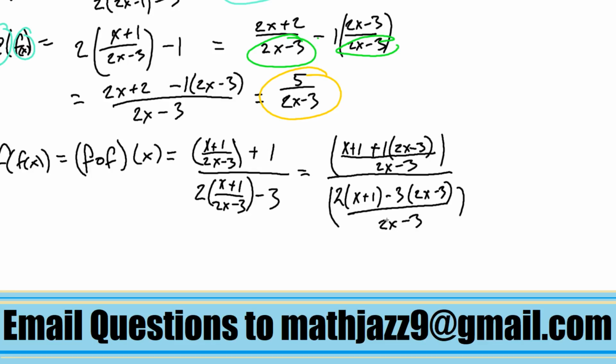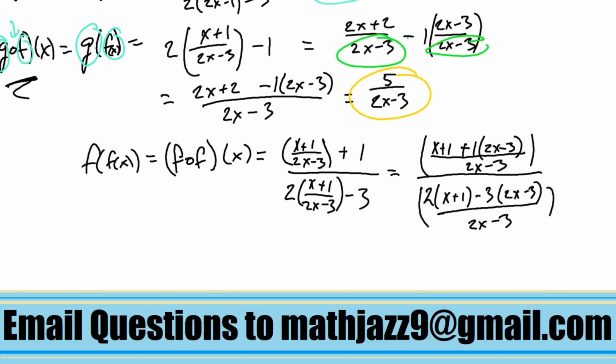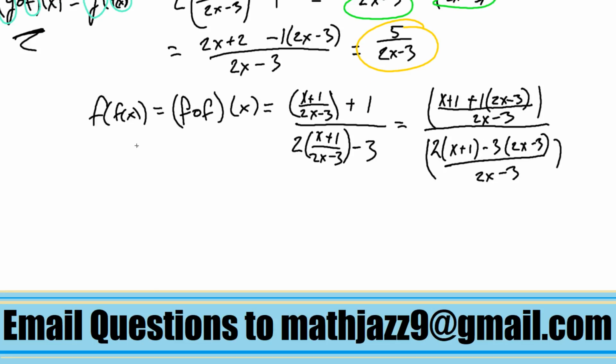But dividing by a fraction is the same as multiplying by its reciprocal. So that means we come down here, it's the same as x plus 1 plus 1 times 2x minus 3, which is just 2x minus 3, 1 times anything, over 2x minus 3. That's our top fraction.